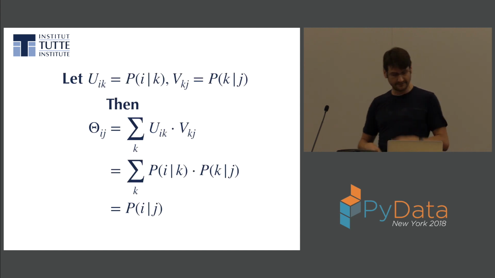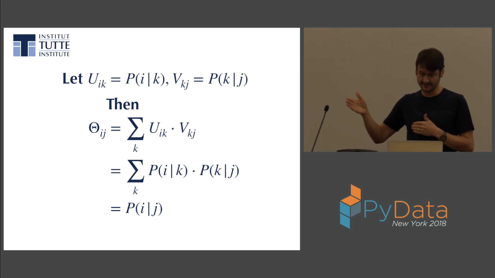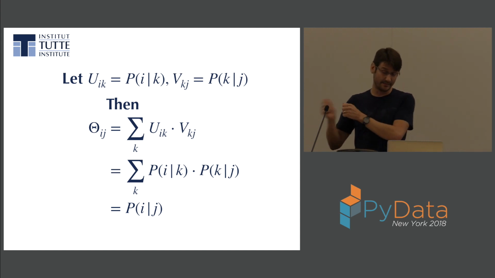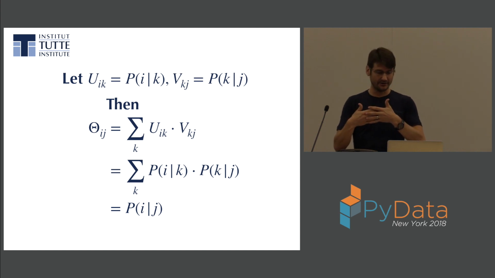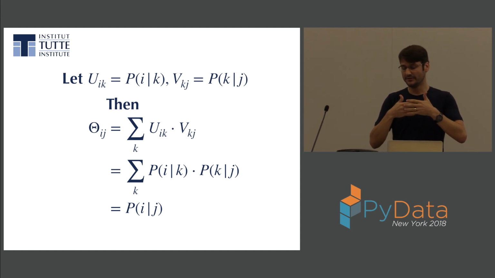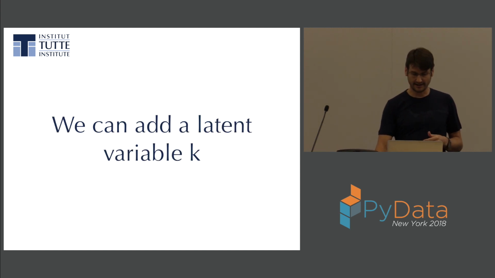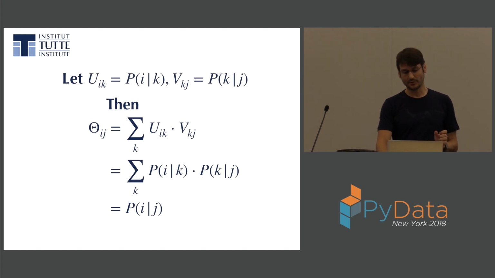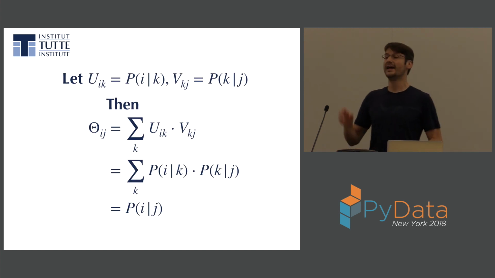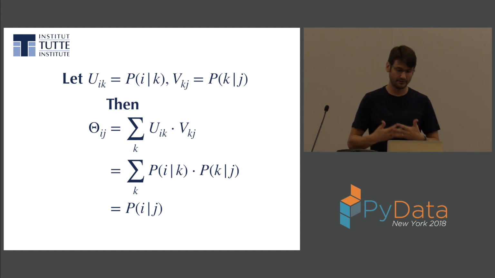So the goal here is that if I make my matrix u a multinomial over this k, and then my v provides k as a multinomial over my features, then when I multiply these two things together, magically I get out the result being parameters for a multinomial distribution. So where previously here I had these odd parameters on u times v, I can swap that for constraints on u and constraints on v separately that will guarantee I get the right constraints on my multiplied together thing.